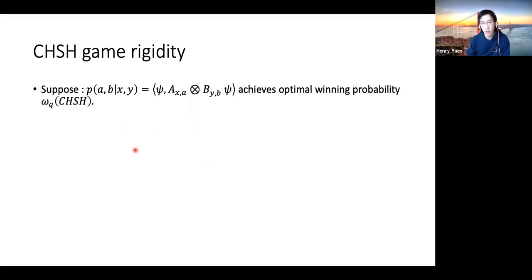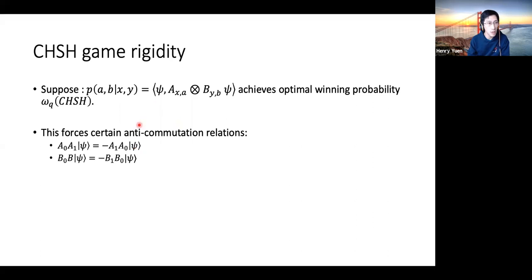But what about general strategies? If you walk up to me with a correlation that achieves an optimal winning probability of 0.854, you can deduce something about the structure of these operators. For example, in the CHSH game, it forces anti-commutation relations between A0 and A1. A0 times A1 applied to the state is equal to minus A1 times A0, and the same for the B operators.